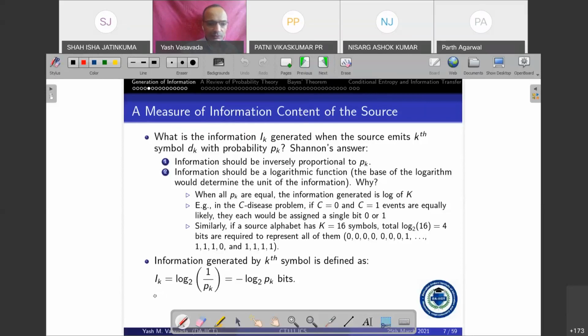So to summarize, what we have learned previously is that there is a concept of information that is succinctly characterized by this formula: information is negative log base 2 of the probability of a particular symbol.